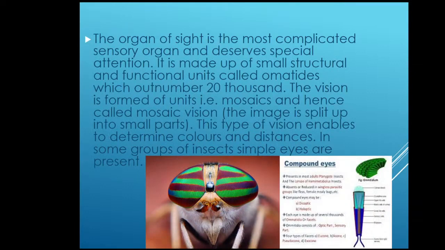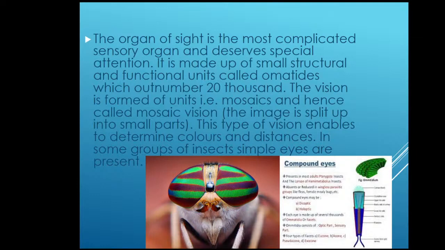The eyes of Insecta can be simple and compound. Today we will talk about parasitic Insecta. In some parasitic insects, as a result of the body becoming simpler, most parasitic Insecta have simple eyes, but most insects have complex compound eyes, which provide mosaic vision.